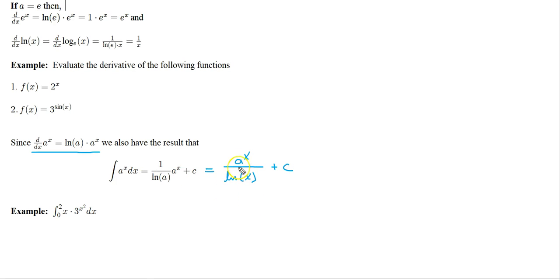Let's just prove this result quickly. Well, to prove this, all we have to do is differentiate this side and show that we get back a to the x power. Now the derivative of a constant is just 0, so this will just go away when I take the derivative of it.